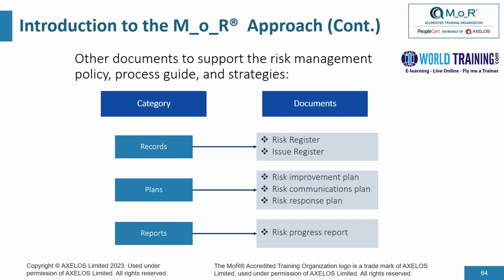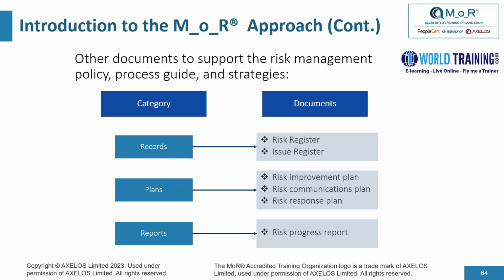Issues are problems, benefits, queries, or changes. Issues may arise from unmanaged risks. An issue register documents all the sudden and unplanned situations that require immediate management attention. It is an important document that links the risk management and issue resolution processes.